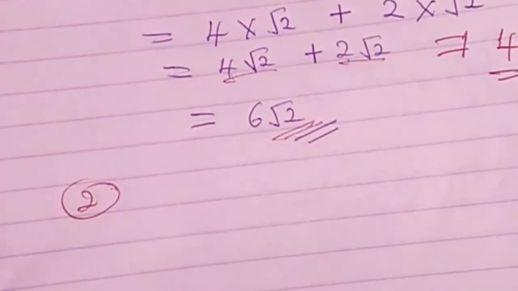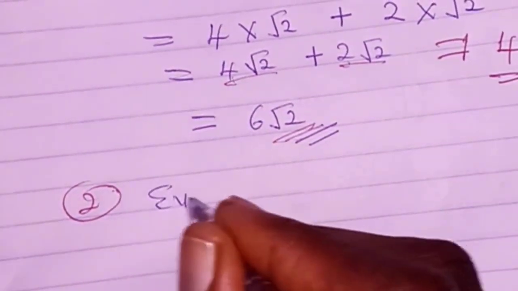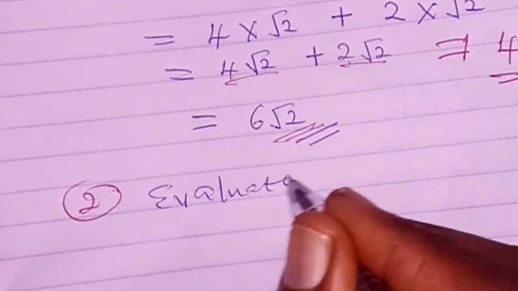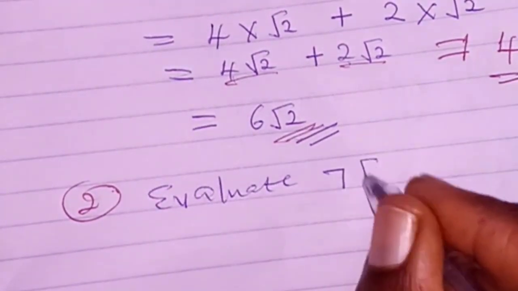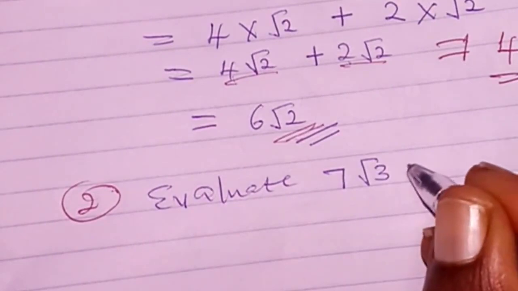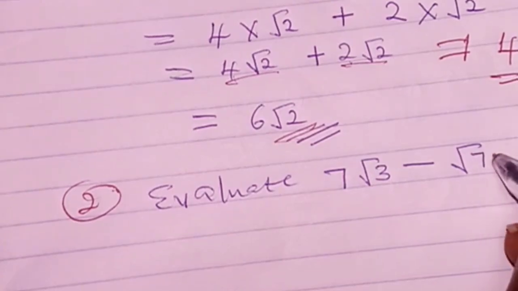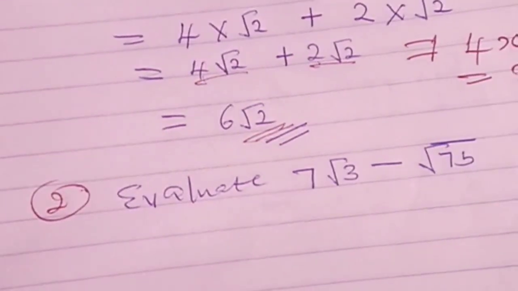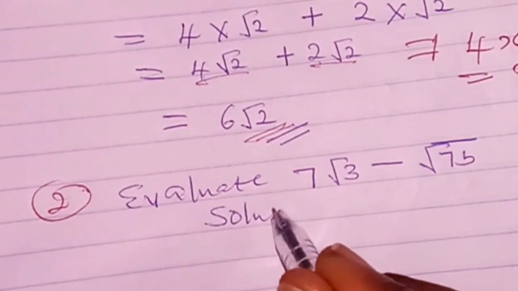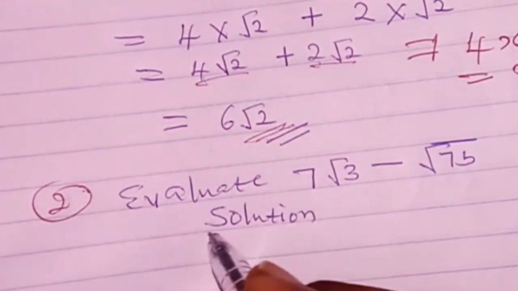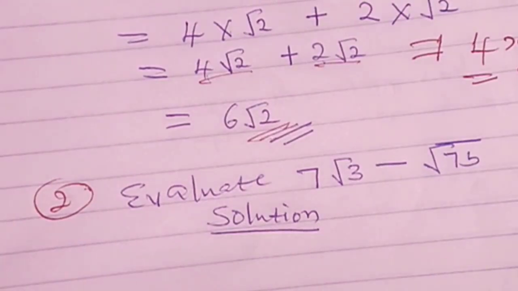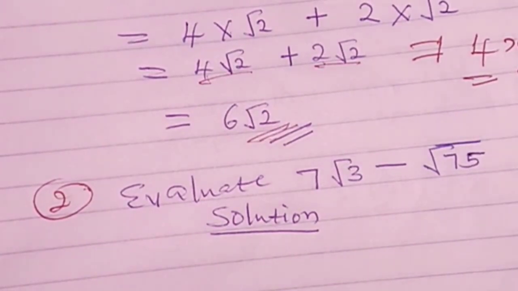Question number 2. Now, imagine you are asked to evaluate 7 root 3 minus root 75. Now, how do we go about this? Remember, the first rule is to reduce the given surds to their simplest or basic form.